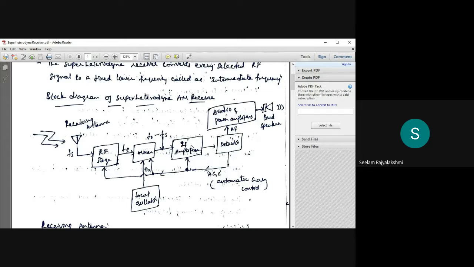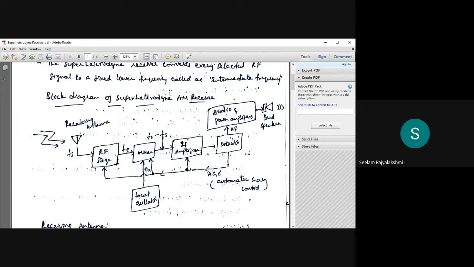All the other frequencies are rejected by this intermediate frequency amplifier. So f naught minus fs is called the intermediate frequency.